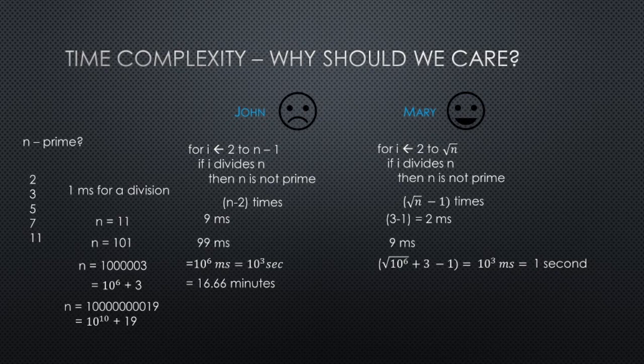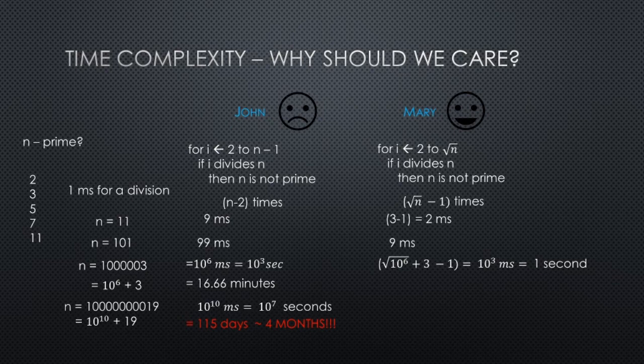So John's program will take about 10 to the power 10 milliseconds, which is equal to 10 to the power 7 seconds. If you convert this to minutes, hours, and then days, it will be a little more than 115 days, which is quite impractical for a program to solve a problem.